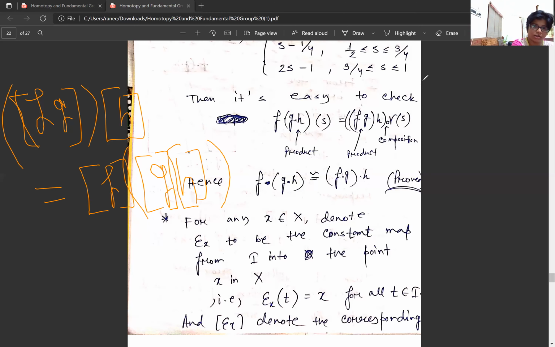This we can write as we have seen before. I don't know if this looks messy, but yeah, this is what it is.